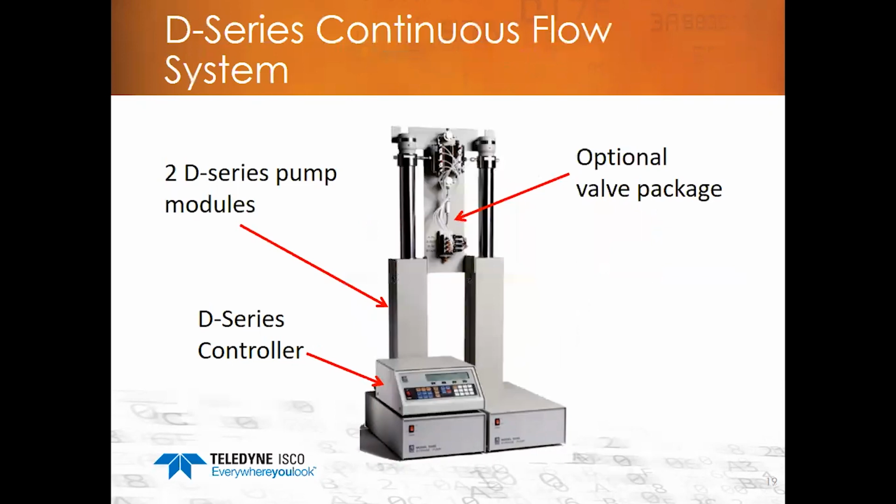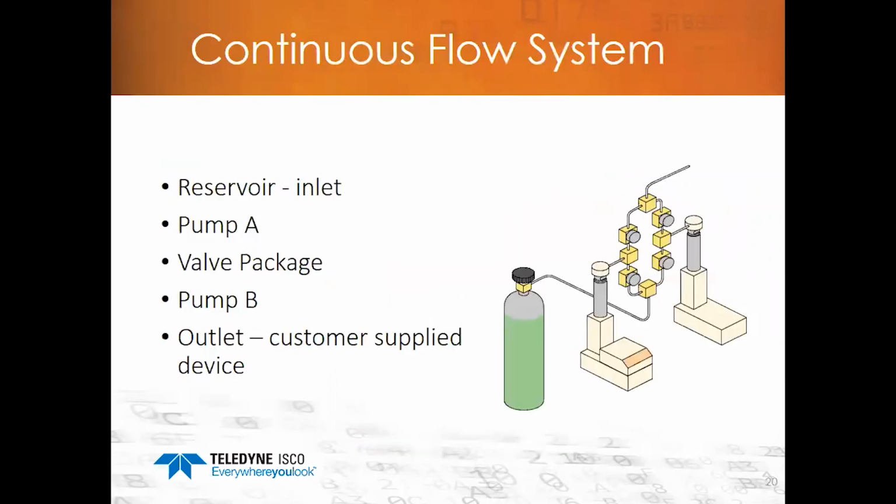A D-series continuous flow system consists of two D-series syringe pump models, a valve package which is either air or electric, and a controller. A continuous flow system consists of, starting from left to right, a reservoir or supply tank on the inlet, then a pump which we usually label as pump A, then a valve package which has 4 valves.